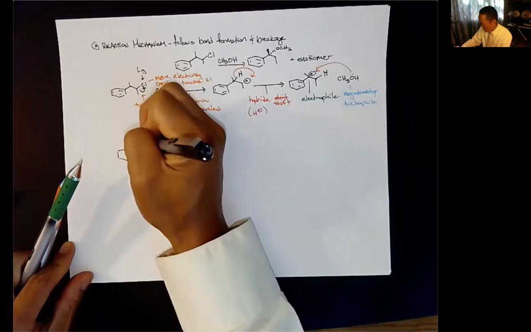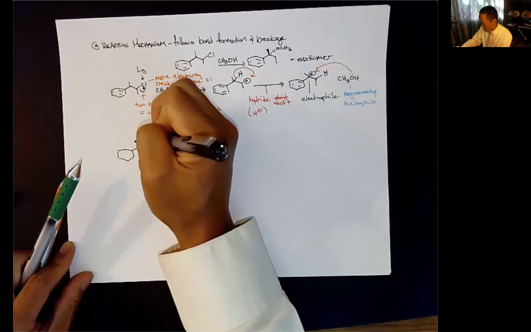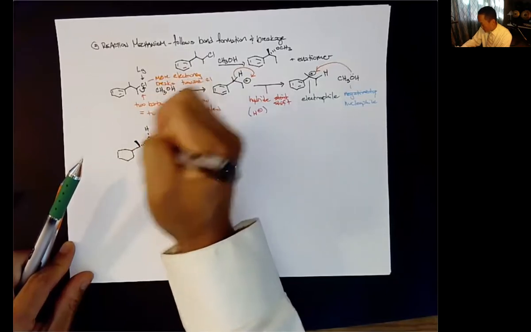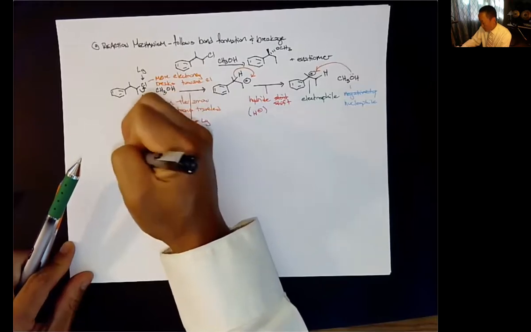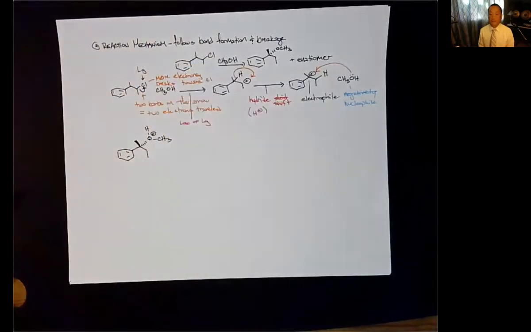At this point in time, we have now created an sp3 hybridized center. And so we have chirality that we must worry about. And that oxygen that is attached now has a full-fledged positive charge on it.